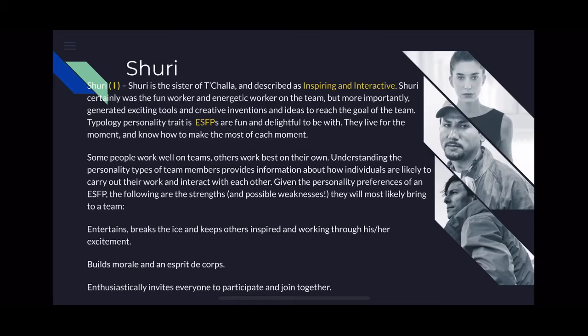The next character that we will define is T'Challa, who's the leader of Wakanda. Next slide. T'Challa was the leader appointed by the people from the country of Wakanda. T'Challa is a leader that is strong, that genuinely cares about the people.